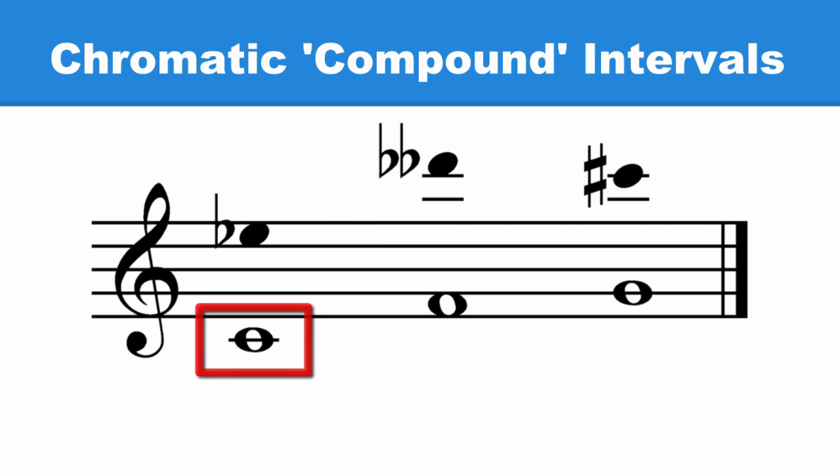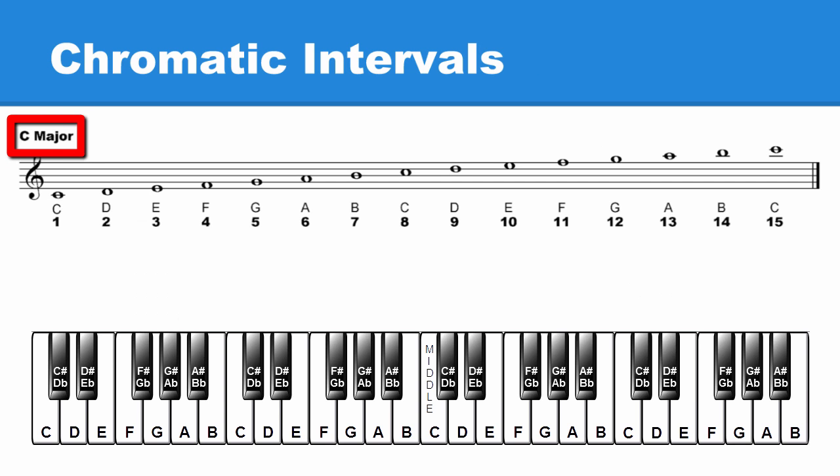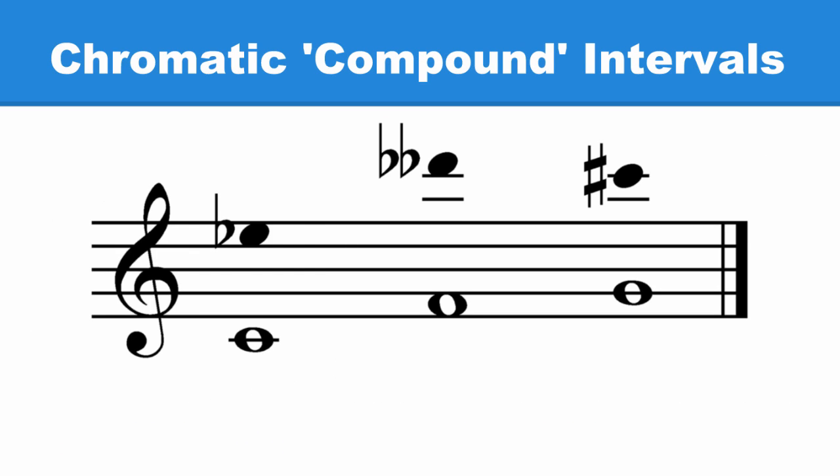C is the bottom note, so we'll use the C major scale. Looking at the C major scale, there's E but no E flat. E flat is not in the C major scale, so we know it's a chromatic interval. Since the E in this interval has a flat in front of it, it's been lowered by one half step.